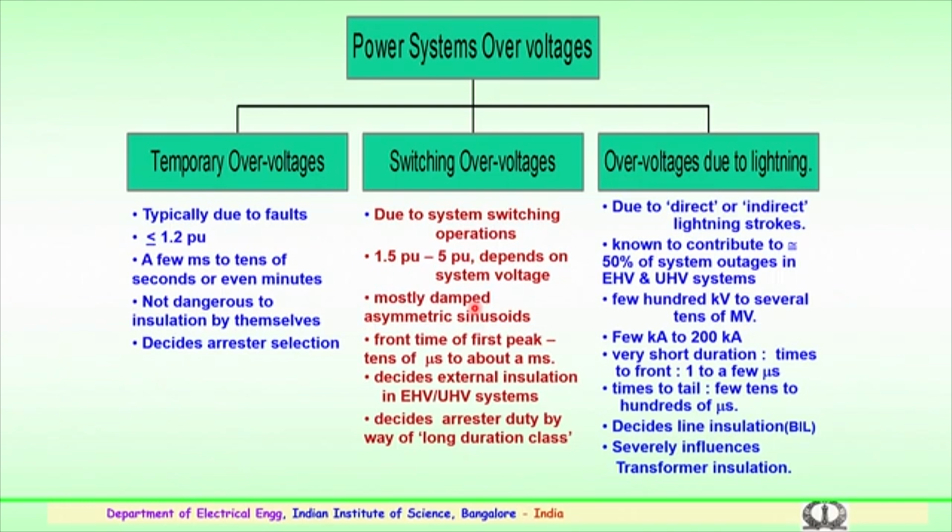Here again the basic line insulation has to be looked into, along with the performance of the equipment system in case lightning strikes the equipment. It severely influences the transformer insulation. Lightning or very sharp pulses could affect the transformer insulation, so proper protection has to be done.